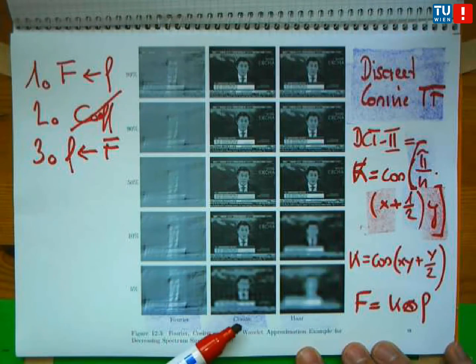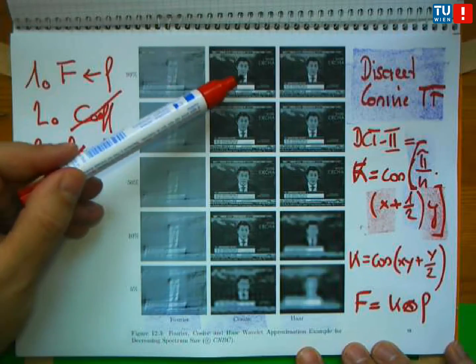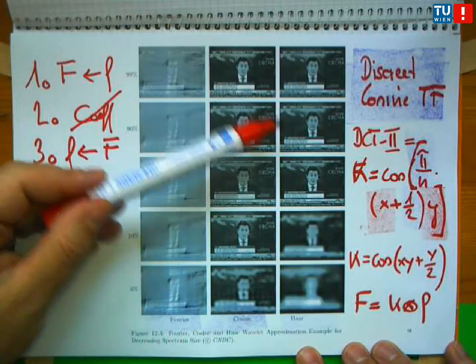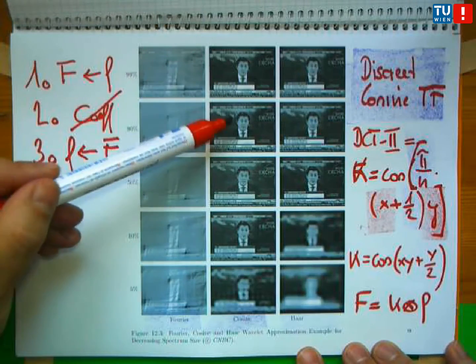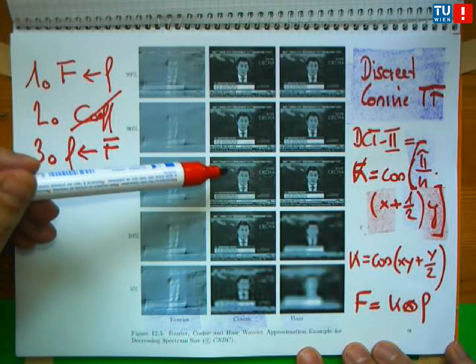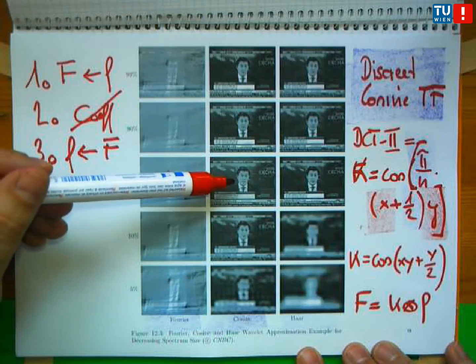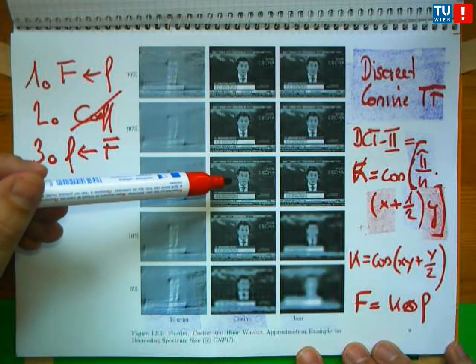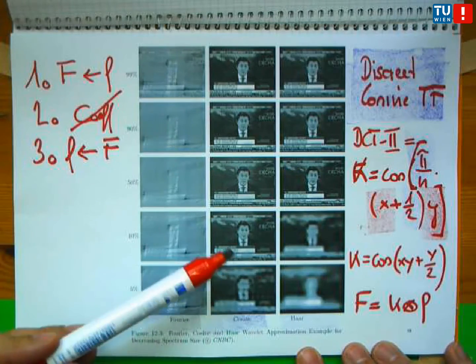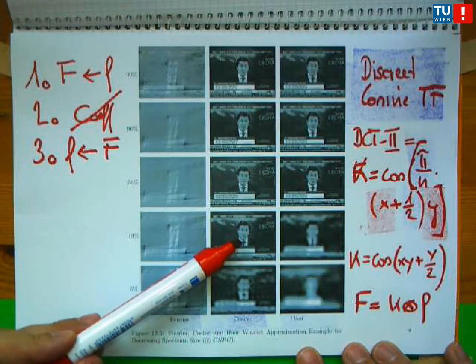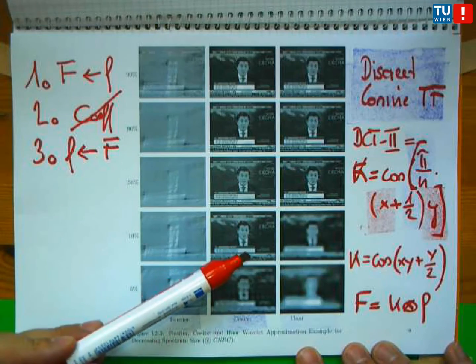In comparison, the cosine transformation at 99% looks indistinguishable from the original image. It's the same for 90%, and it's still almost the same for 50%. There is a small fade in the saturation of the image, but that's it. Even if we throw away 90%, we are still able to recognize the face of the anchor person.